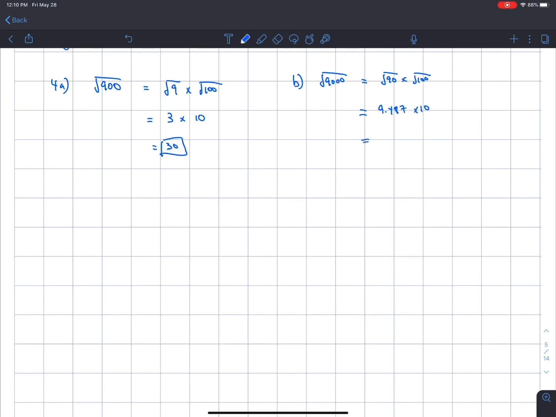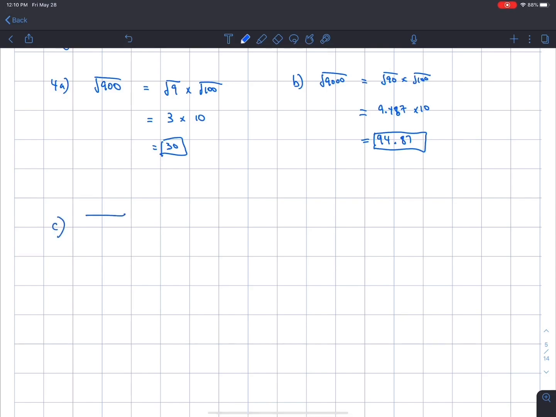So now if you times any decimal number by 10, you just move the decimal point 1 place to the right. So now it becomes 94.87. We simply move this decimal point 1 place to the right because you're timesing by 10, or just 1 with 1 zero. So 94.87 is the answer.